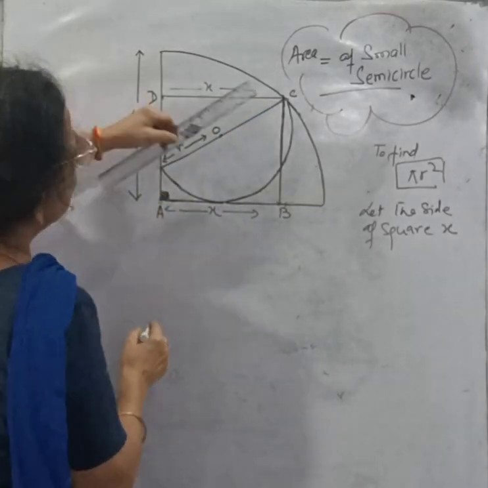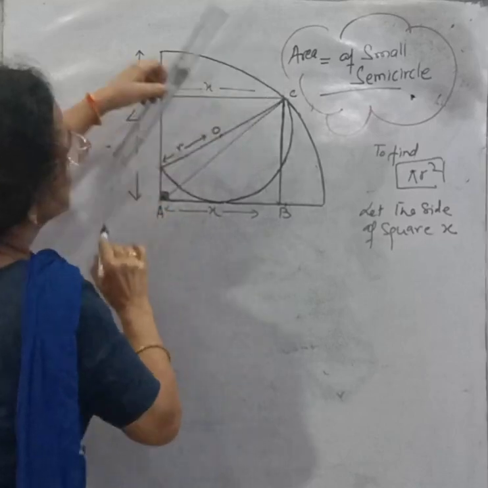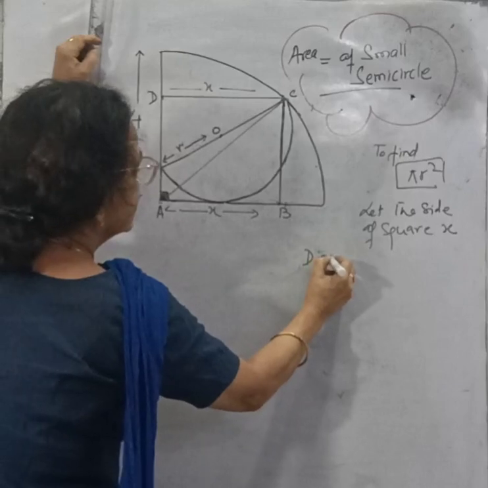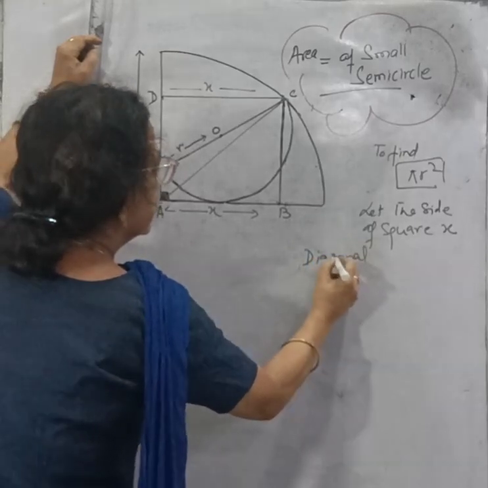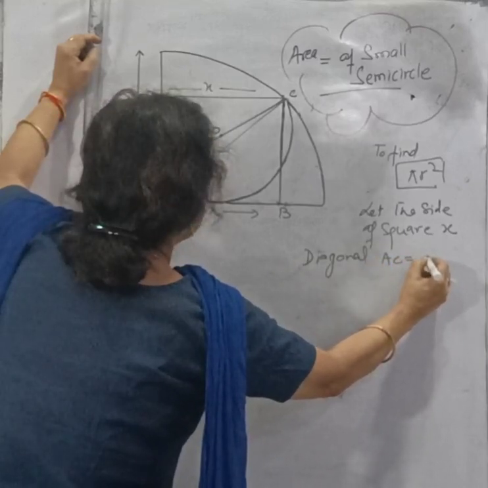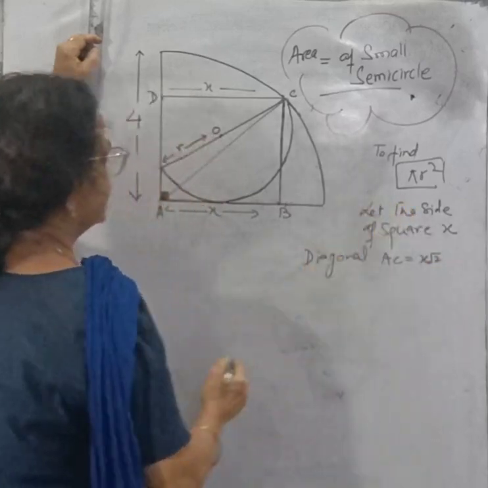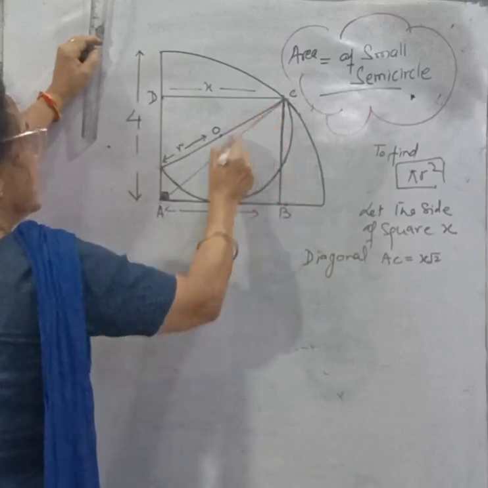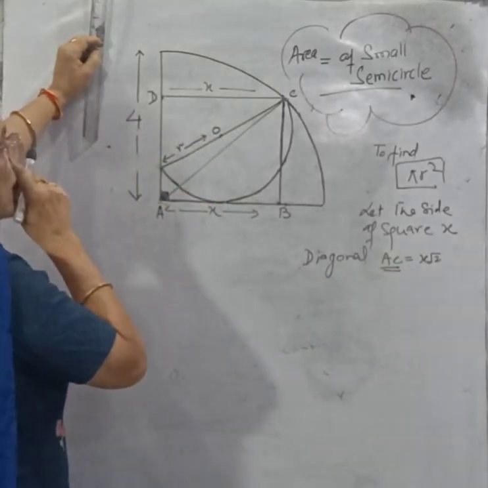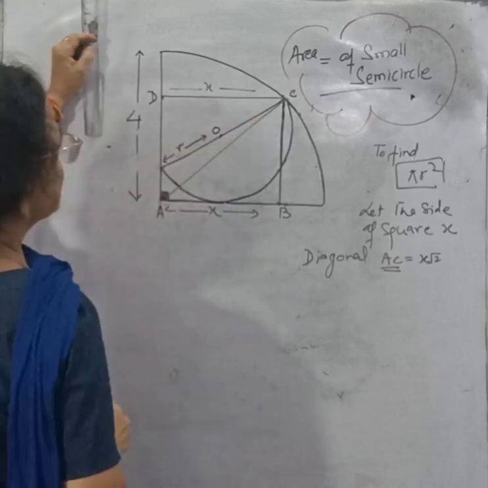Now if we join the diagonal AC, this will be root 2 into x, since x square plus x square gives root 2x. AC will be root 2x.